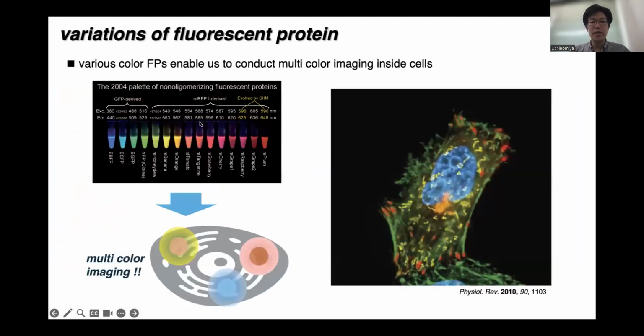This is very important because we can conduct multicolor imaging with these fluorescent proteins. As you can see, this is a nucleus, mitochondria, and microtubule. So we can detect multiple targets selectively at the same time.